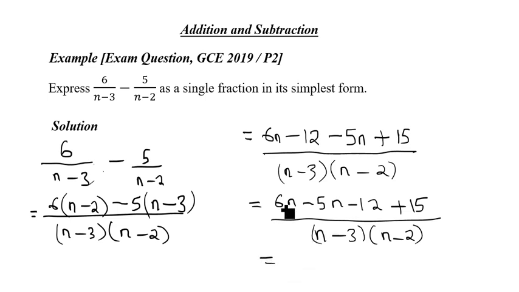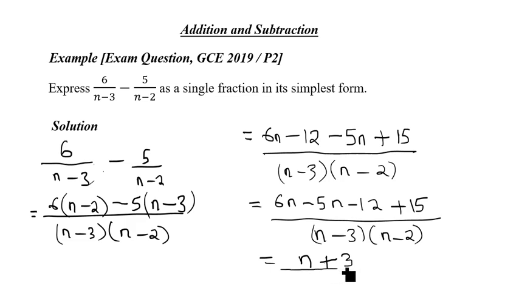So now 6n minus 5n, it will just be n. Okay, then negative 12 plus 15, different signs, you do what? You subtract. Get the sign from the bigger number. So negative 12 plus 15, the answer will be positive 3.